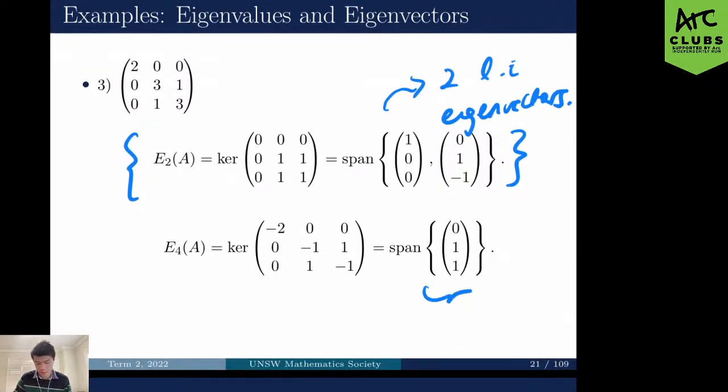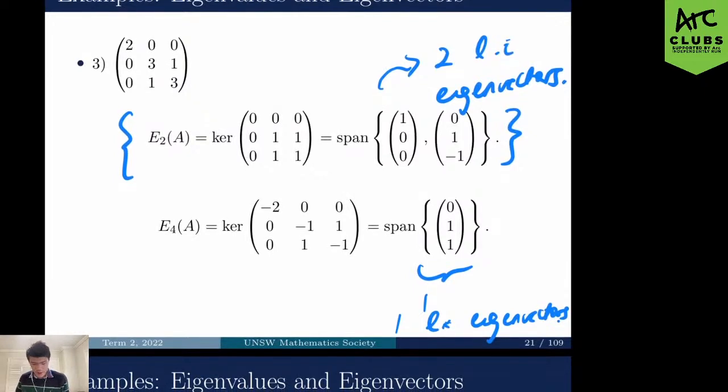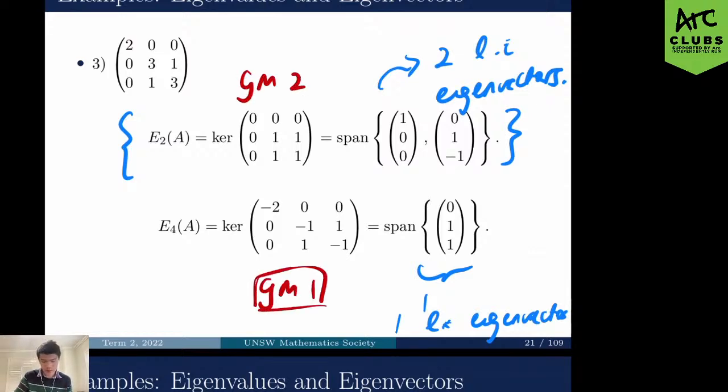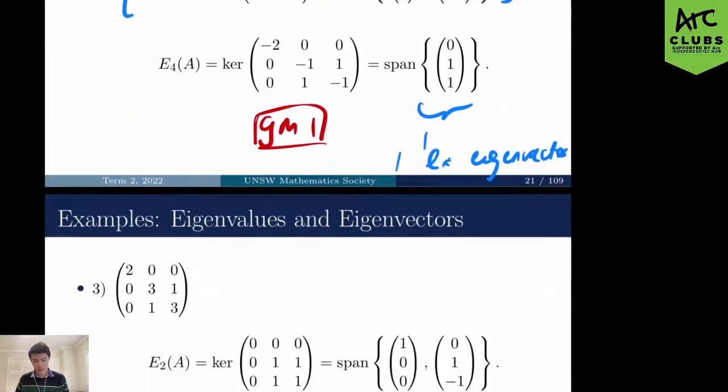This one over here just has 1. Cool. 1 linearly independent eigenvector. Yeah, and so realistically, just from looking at it, GM 2, GM 1. And if you were to be asked whether it's diagonalizable, well, because all the algebraic multiplicities are equal to the geometric ones, yes.